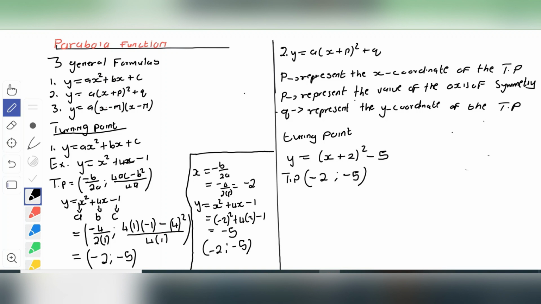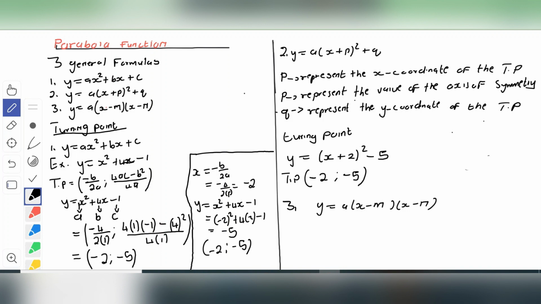So the last one, which is 3, guys, don't worry about completing the square for this one. It is x minus n. Whenever you are given an equation like this and they want you to calculate the coordinates of the turning points, the first thing that you do is multiply everything out and remove the brackets.